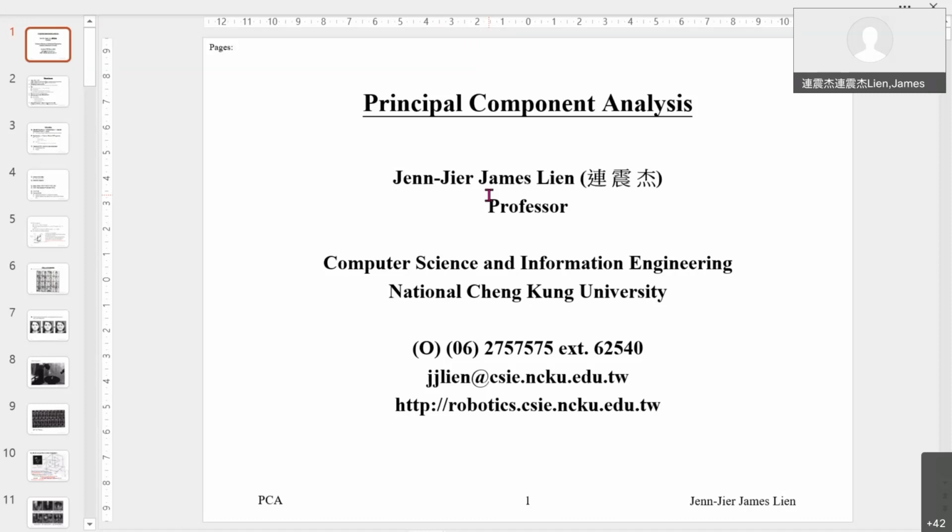SVM has a kernel function, so we project to the kernel space, a higher space, because samples in the low dimensional space are close to each other. But when you project to high dimension, they become sparse and can be separated. So it's easy to do the discrimination.